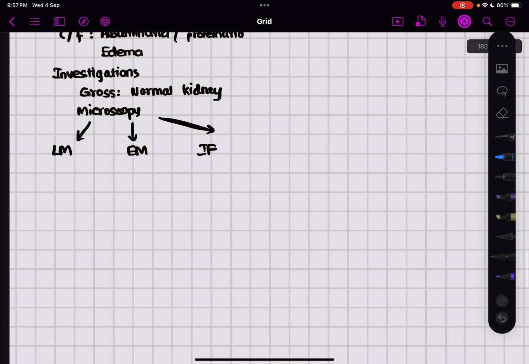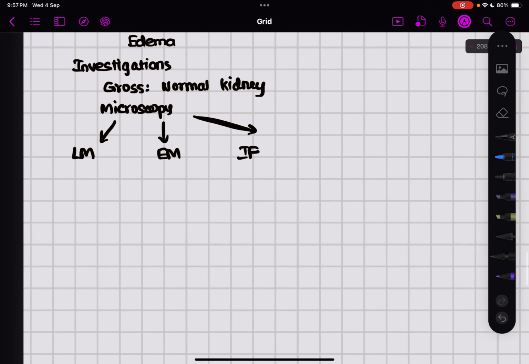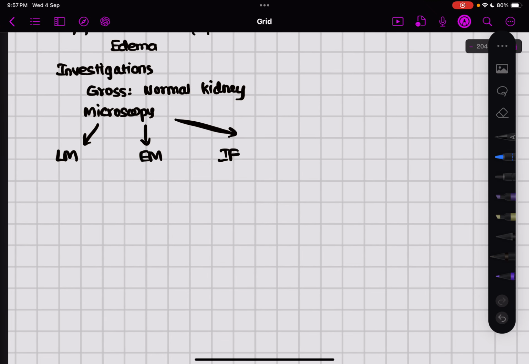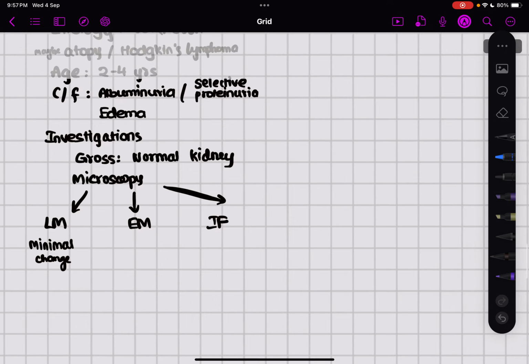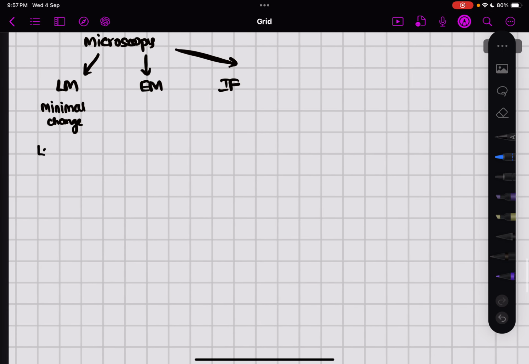In light microscopy, the name minimal change disease came because of the light microscopy. And the other name, lipoid nephrosis, came due to lipid deposition in tubules, mainly PCT. So we get lipoid nephrosis.